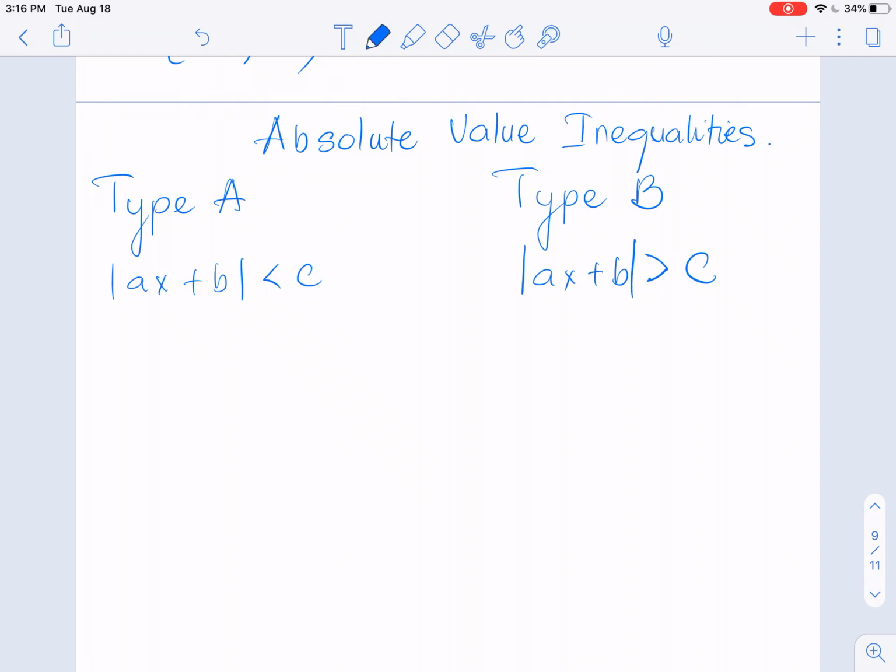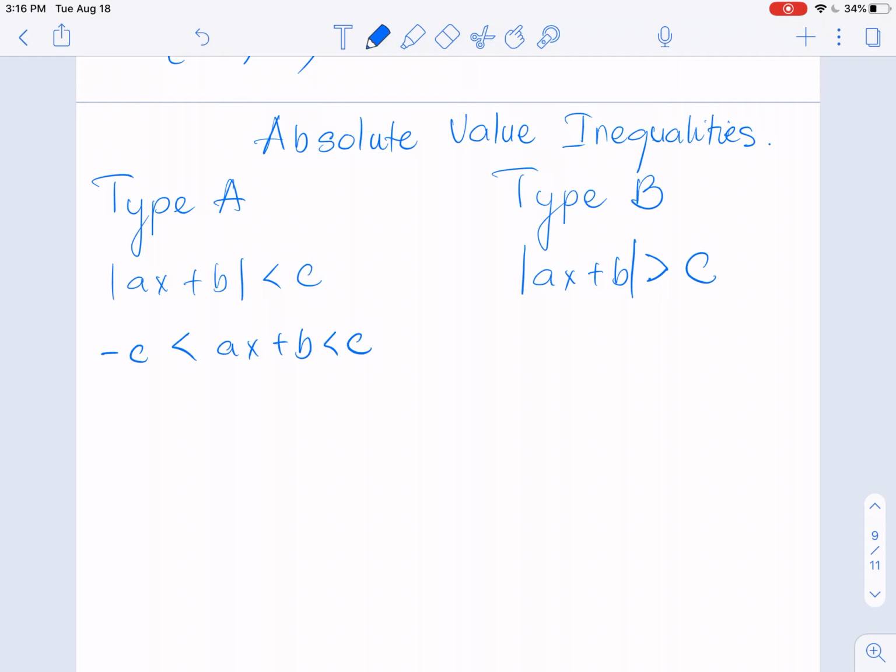Okay, so for type A, what do we do? We drop the absolute values and then we add the negative c to the left side. So we have the exact same thing on the right side, and then we add negative c right there.